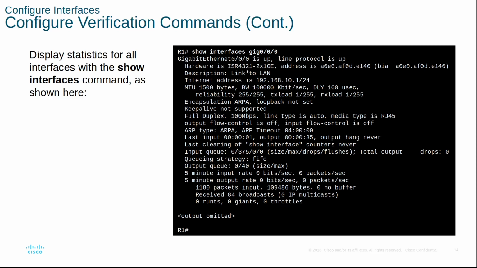We've got our hardware, so it's an ISR 4321 router, right? There's its MAC address. It's got a description. It's got an IP address. And a whole bunch of other stuff, right? We've got ARP information. We've got its speed and duplex. Lots of stuff, right? For any more in-depth troubleshooting, this is kind of what you want.